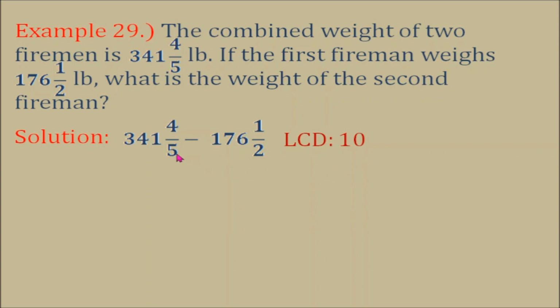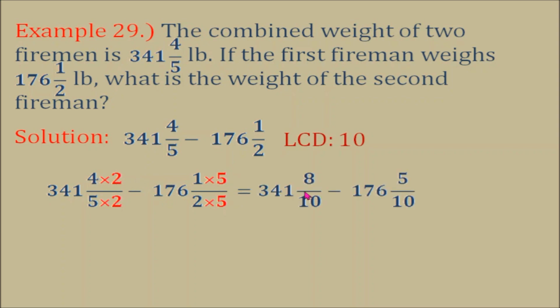How? We can multiply 5 by 2 and then multiply 2 by 5. Since we multiply the denominator here by 2, we are also going to multiply the numerator by 2. And for this part here, since we multiply the denominator by 5, we are also going to multiply the numerator by 5.